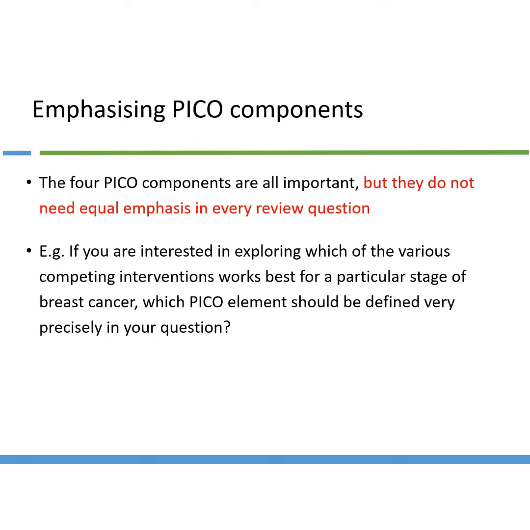So every element of the PICO is important. Sometimes my question has no comparator, so let's take an example. If you're interested in exploring which of the various competing interventions works best for a particular stage of breast cancer, which PICO element should be defined very precisely in your question? What do you think?